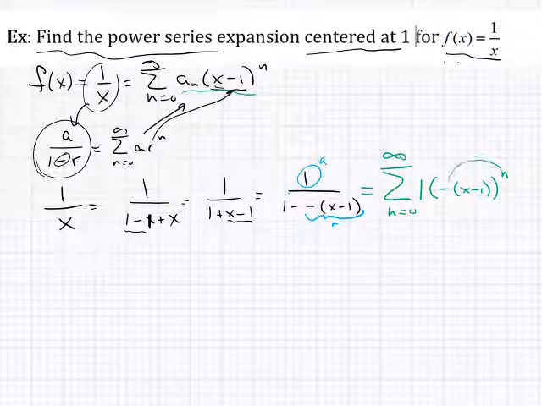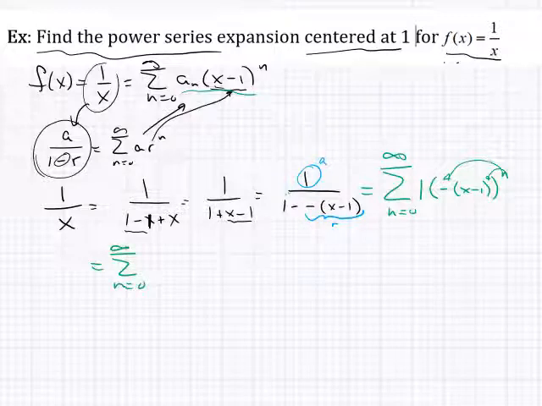If I raise this negative to the n and this x minus 1 to the n, I would get the sum of n equals 0 to infinity of negative 1 to the n x minus 1 to the n. And there's your power series. Okay, that's your power series centered at 1 for 1 over x.